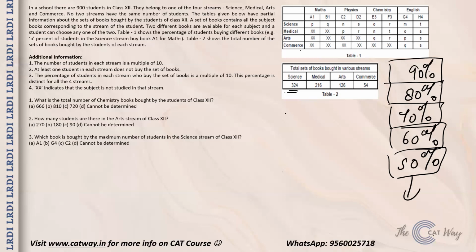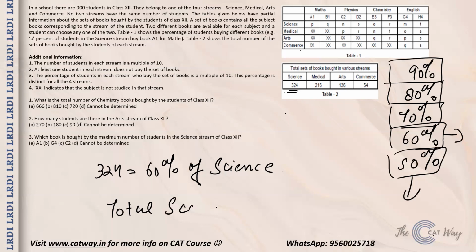If you look closely, if these 324 students who have bought the sets are only 60% of the science stream, then the total number of people in science is equal to 540.